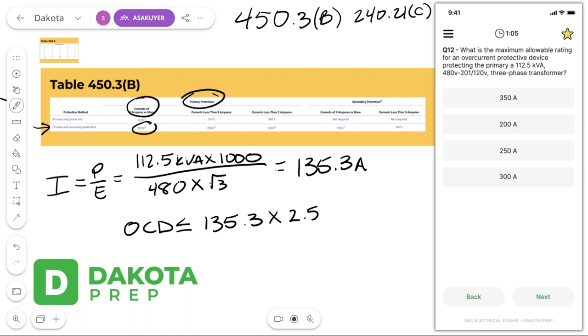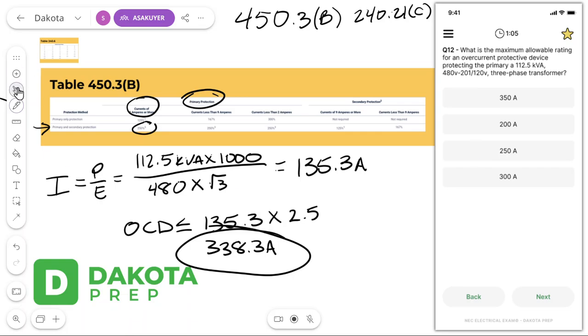So we go ahead and plug that into our calculator and we get 338.3 amps. That would be the largest overcurrent protection, breaker or fuse, that we could have protecting the primary of our transformer.